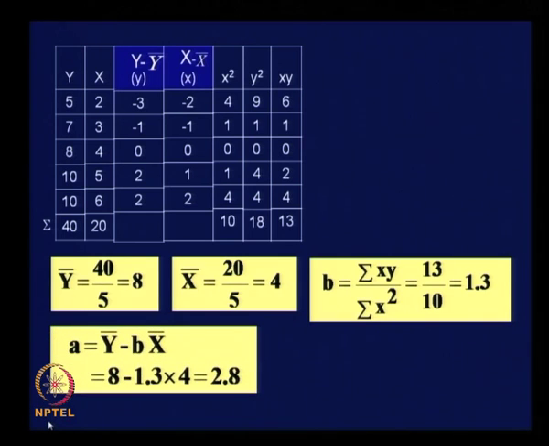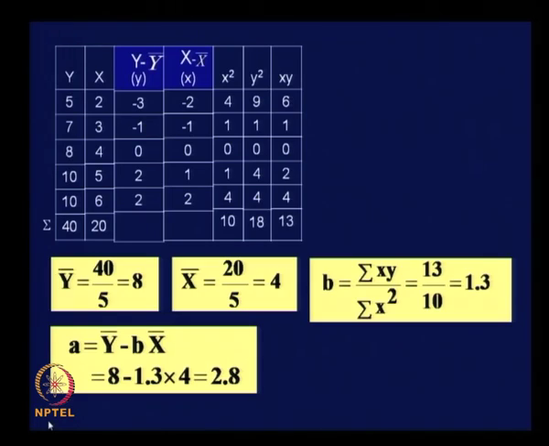And we can also calculate the value of the intercept constant a as y bar minus b x bar, because the values are known to us now. So we can get the value of a as 8 minus 1.3 into 4, which is equal to 2.8.